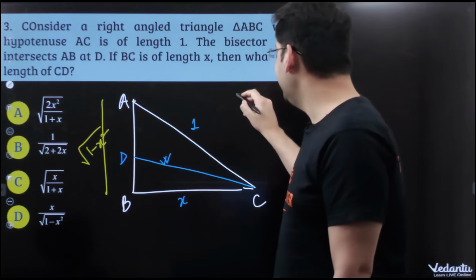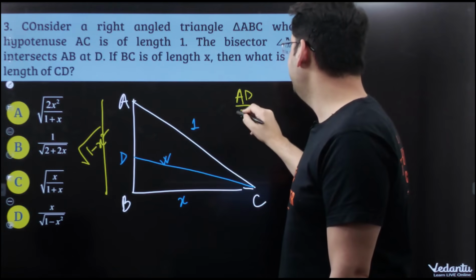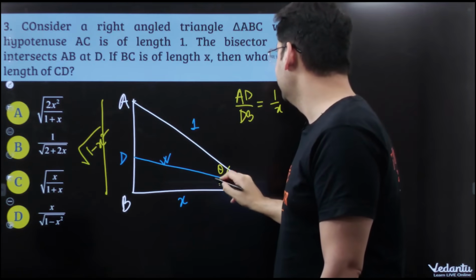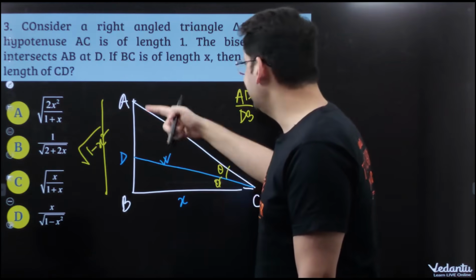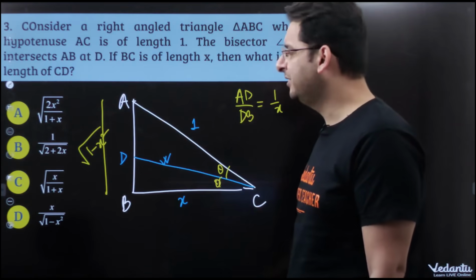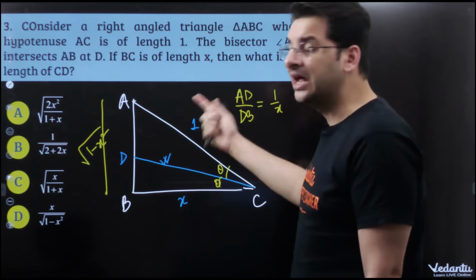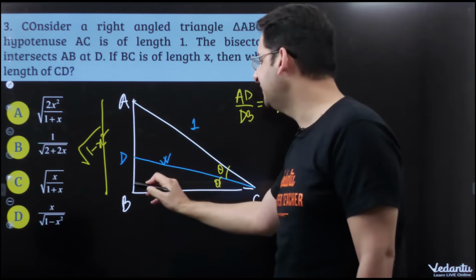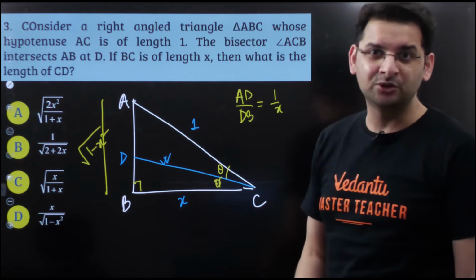So AD upon DB is equal to 1 upon x using the angle bisector theorem. The angle bisector divides the opposite side in the same ratio as the lengths of the other two sides. So you can find out the length AD, you can find out the length BD, and of course you can directly use the formula. But otherwise also this was very simple because this was a right triangle, so we can always apply Pythagoras here.